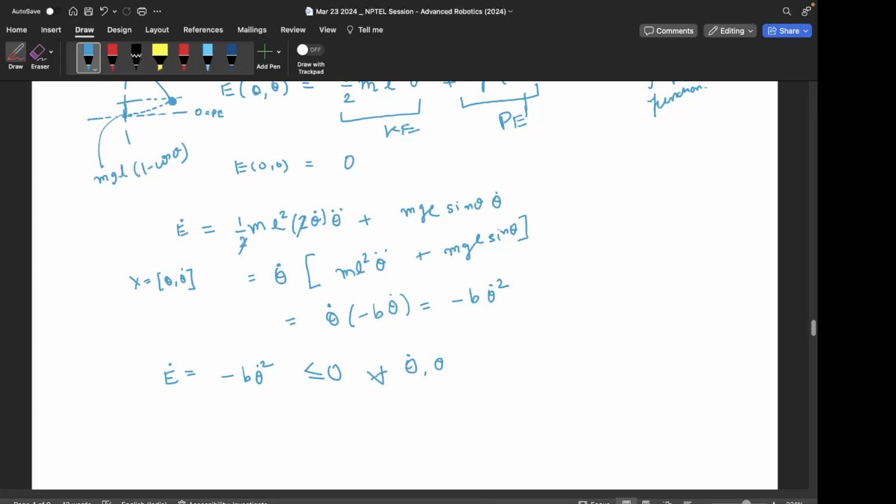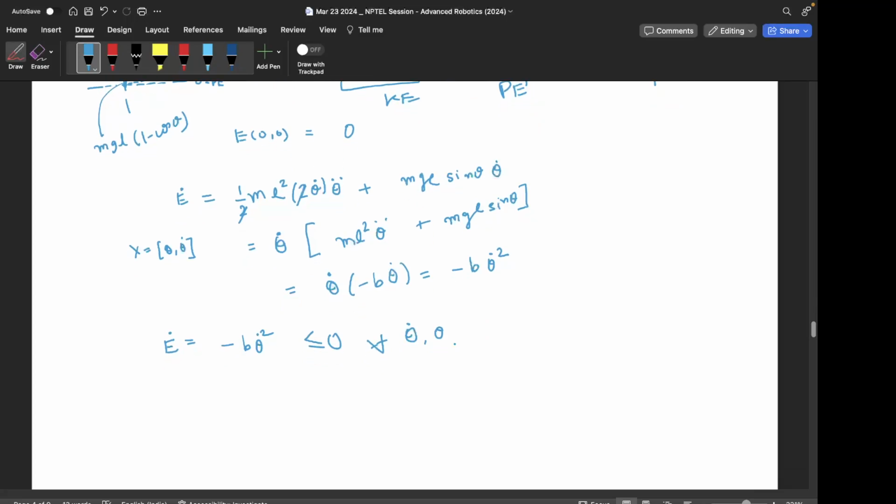B we are taking as positive, so minus b theta dot square is less than or equal to 0 for all, right? So in this case we say that the system is stable. Now to prove asymptotic stability, there is one more theorem that we use, the LaSalle theorem.